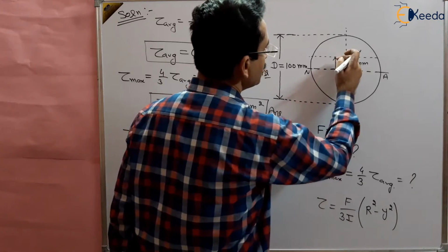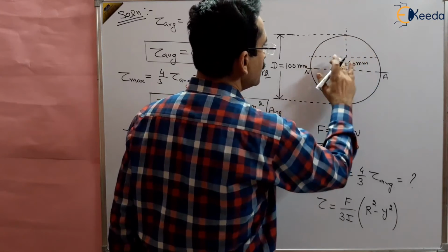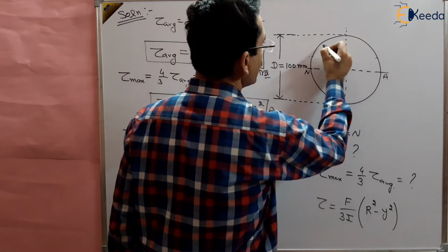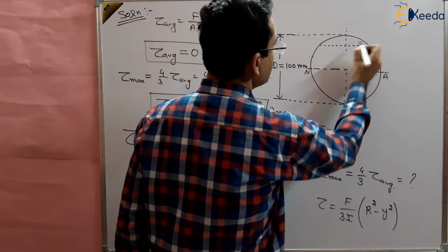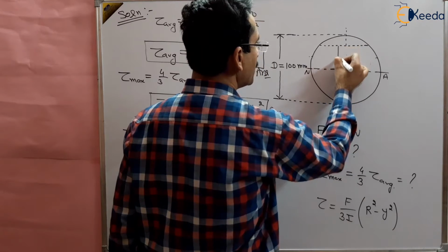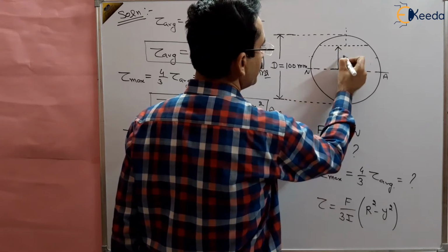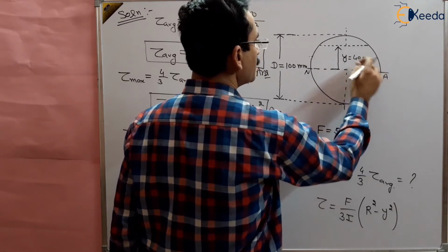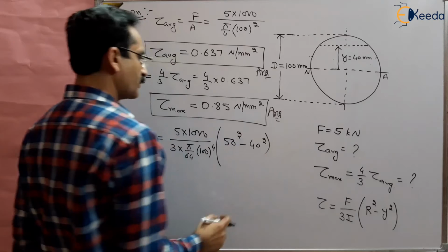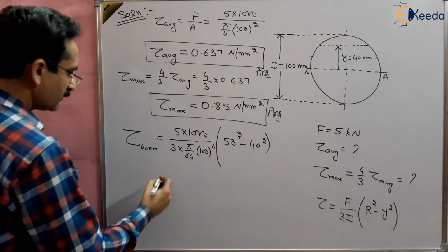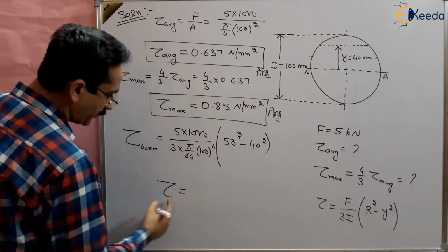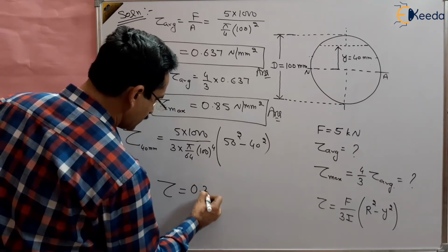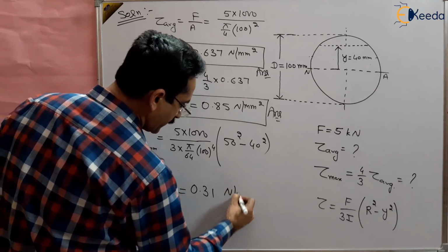Because the outer fiber is at 50, this point should be close to the outer fiber. The 40 mm point is not close to the neutral axis, it is close to the outer fiber. From here we can find out tau at 40 mm, and that will come out to be 0.31 Newton per millimeter square.